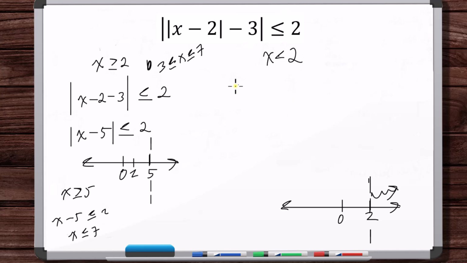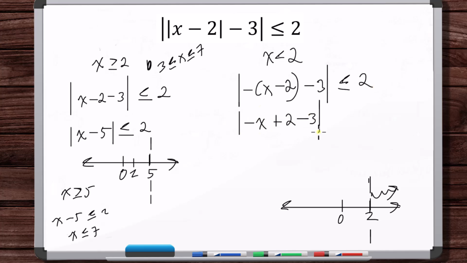So in that case, we know that x minus 2 is going to be negative. So okay, minus x plus 2 minus 3. Okay, minus x minus 1. Okay, so where does this cross over?